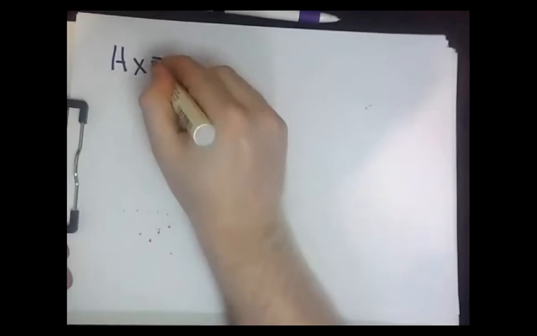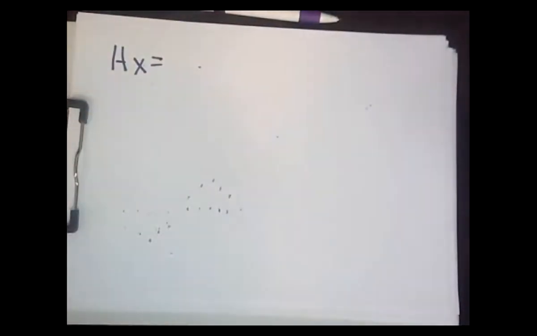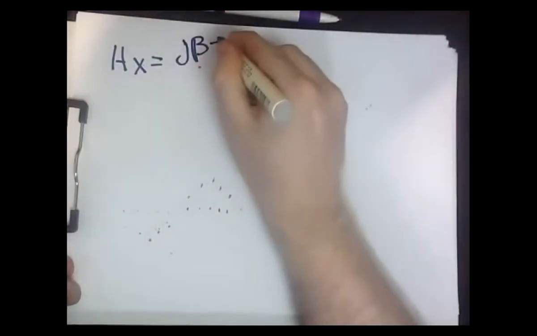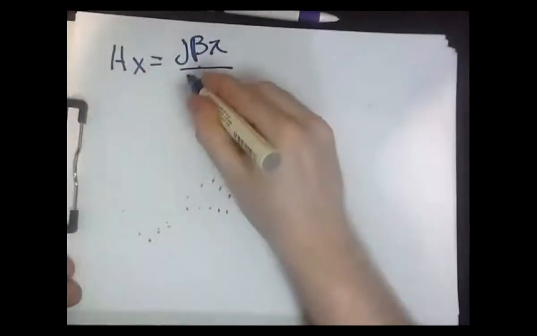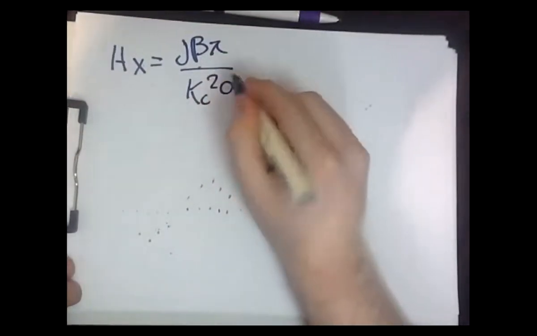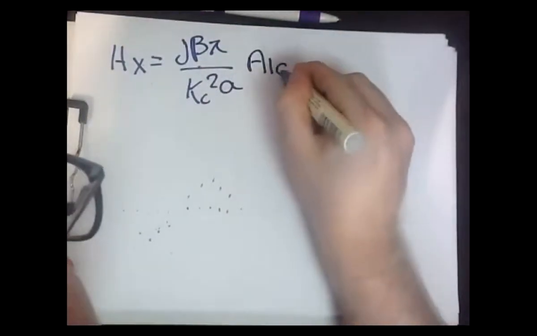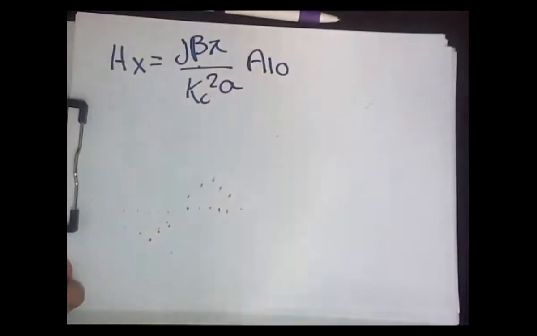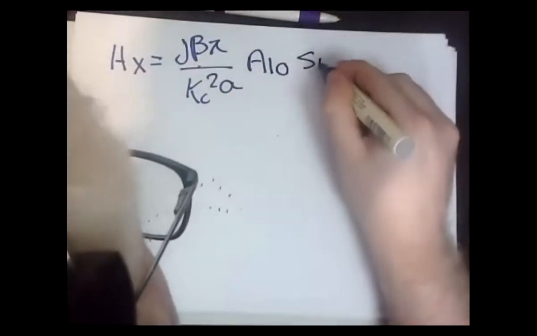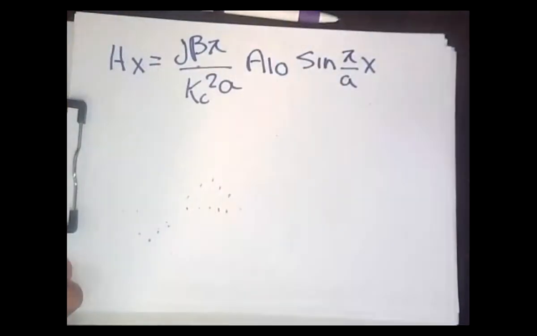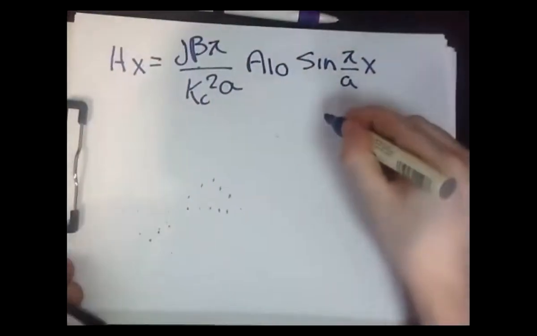Hx equal j beta over Kc square times A10 sine pi x over a, I'm sorry, I forgot to make coloring, but you can make it in another way, e power minus j beta z.